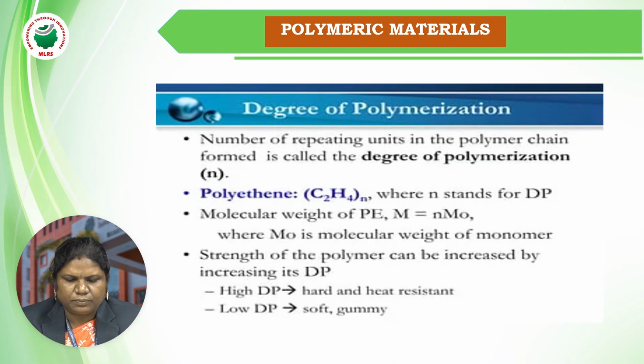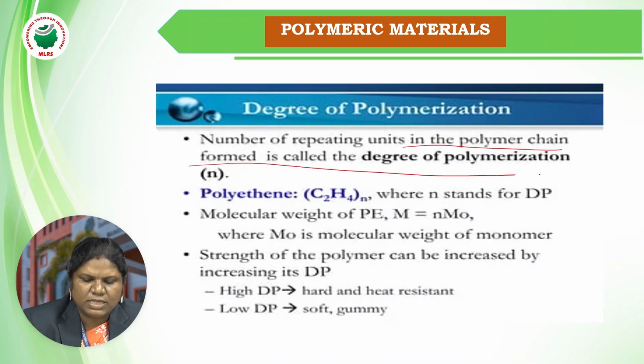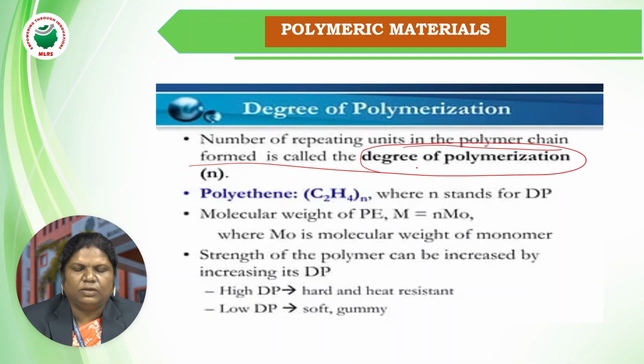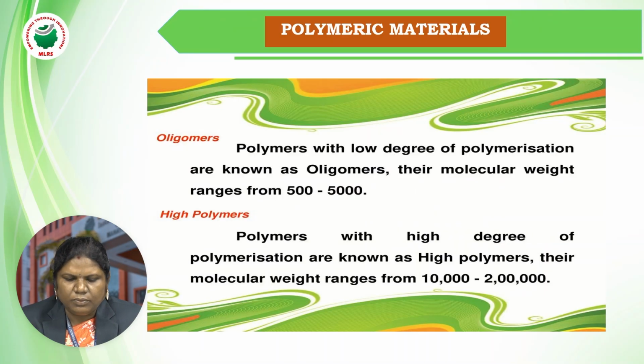Next, degree of polymerization. What is meant by degree of polymerization? The number of repeating units in the polymer chain formed is called the degree of polymerization. Based upon the number of repeating units in the polymer chain, the polymers are classified into oligopolymers and high polymers.